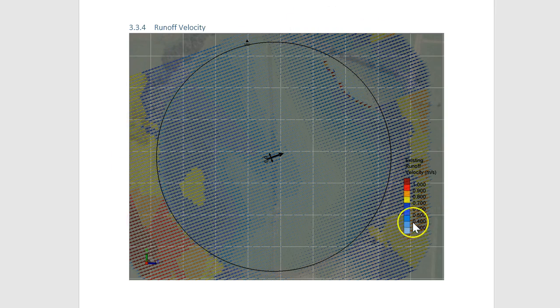Ignore these arrows outside the pivot. They are based on assumed elevations outside the pivot and are not really there. So that's basically the results we did.